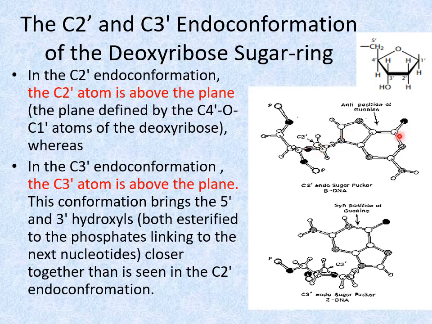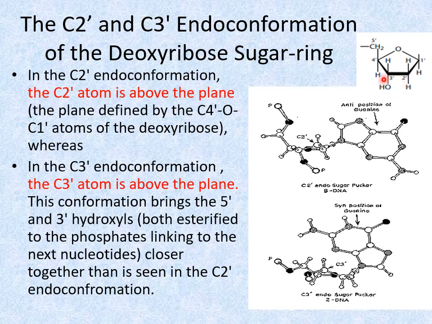So here we are going to talk about two molecules. The sugar molecule, having the 5 carbons, and if we consider the plane of the sugar molecule, that is the plane defined by the C1 prime, the oxygen, and the C4 prime. In reference to this plane, if the C2 prime lies above this plane, then the conformation is C2 prime endo conformation.